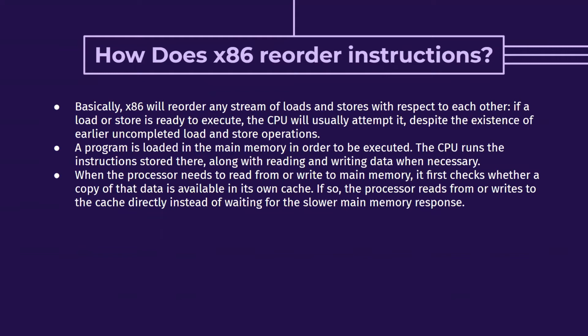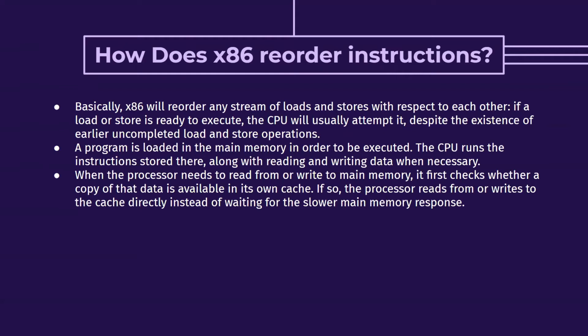A program is loaded into the main memory in order to be executed. The CPU runs the instructions stored there, along with reading and writing when necessary. When the processor needs to read from or write to main memory, it first checks whether a copy of that data is available in its own cache.